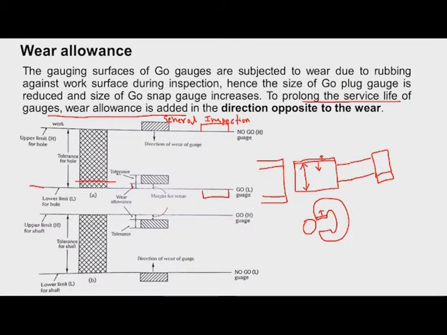Actually it is within the work tolerance, so it is acceptable, but since we are consuming some portion of the work tolerance, the GO gauge is designed up to this size. So when we try to insert this GO gauge into the hole, it is obstructing, it will not enter because the hole is up to this. So the operator will decide to reject that particular piece. That is the problem with this type of assigning of the gauge tolerance and wear allowance.